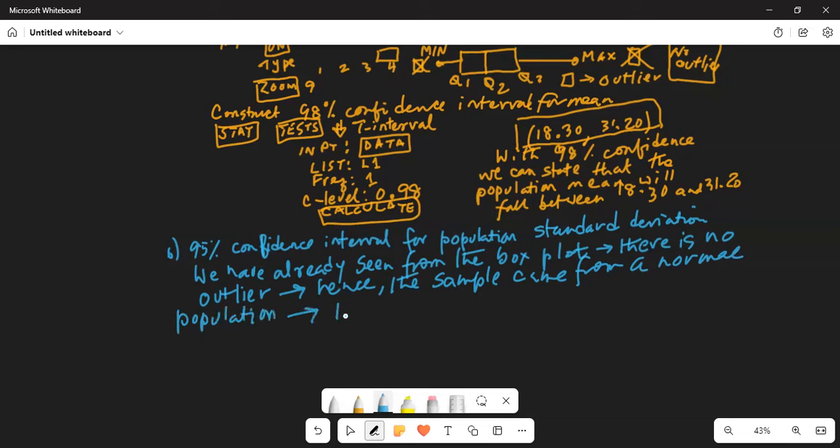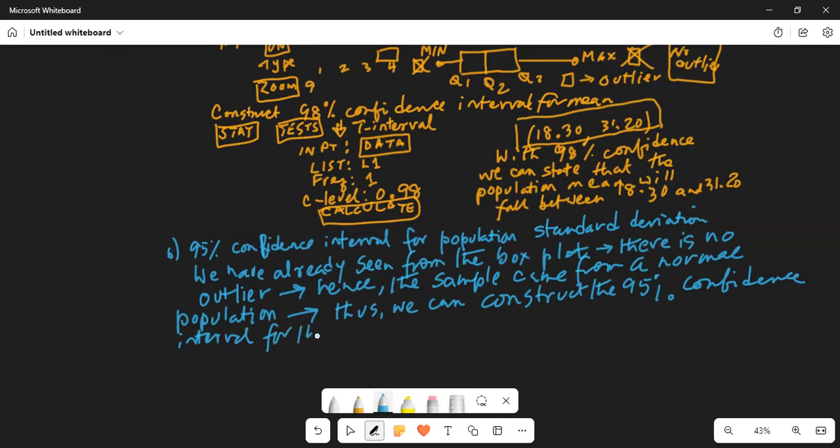Thus, we can construct the 95% confidence interval for the population standard deviation.